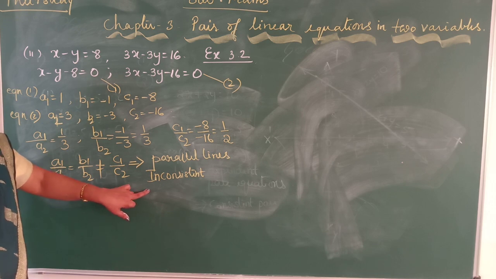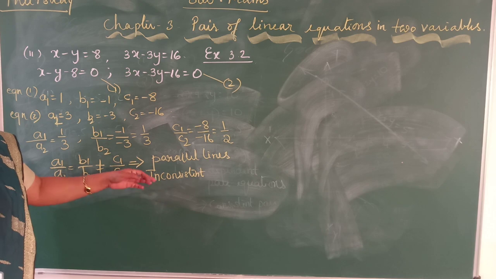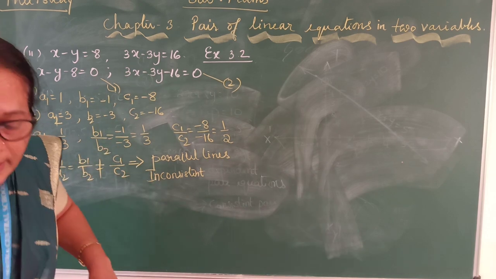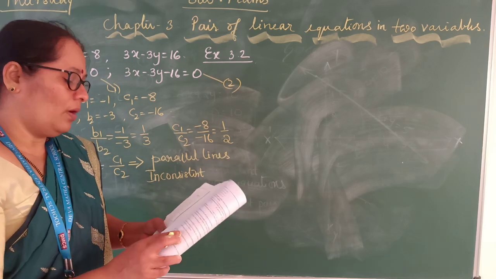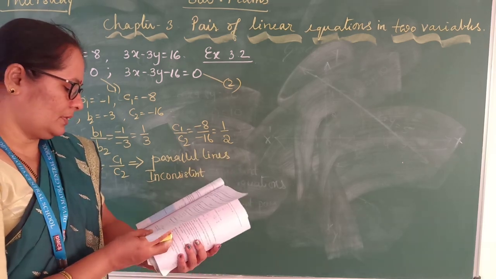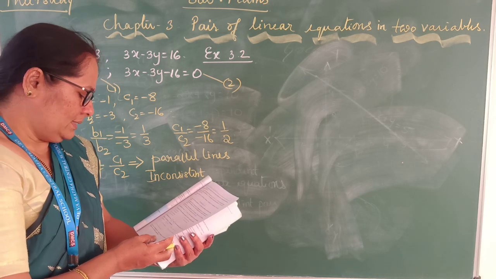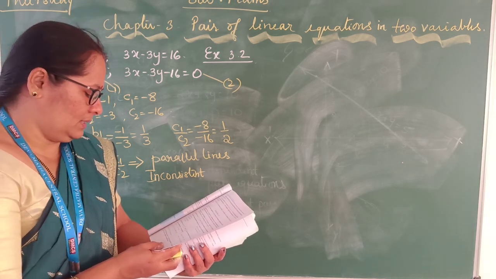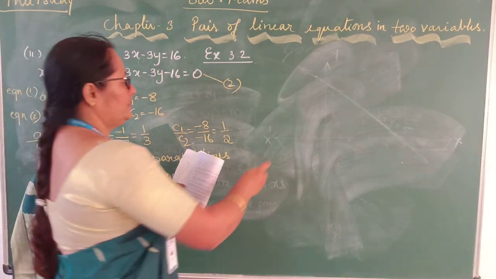For this inconsistent pair, it is not necessary to draw a graph, only for the consistent. The question asks to draw the graph for only the consistent pair of equations. So there is no need to draw a graph for this inconsistent pair of equations. Okay. Now, the third example.